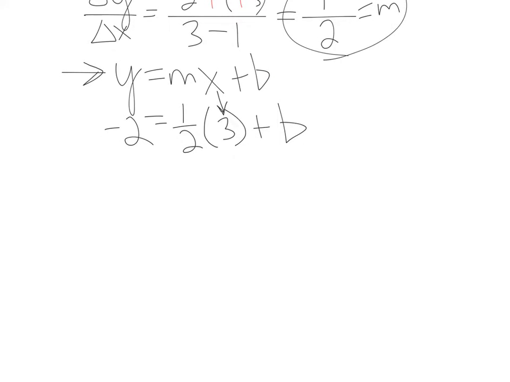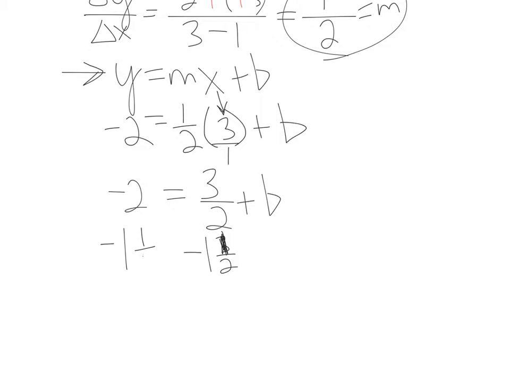Then we're just going to simplify that. So we multiply, which would be 3/2, and then we would subtract. Now we know 3/2 is the same as 1.5, so we subtract 1.5, right?